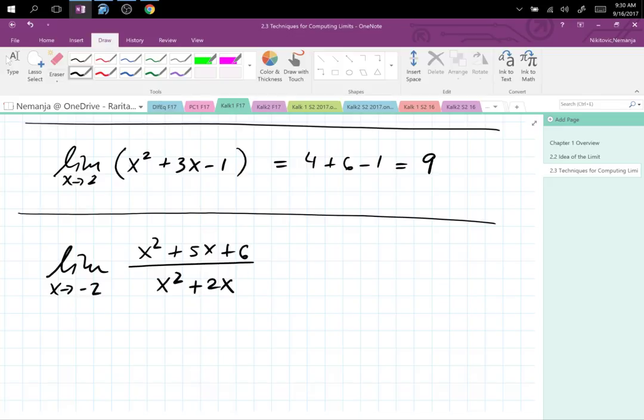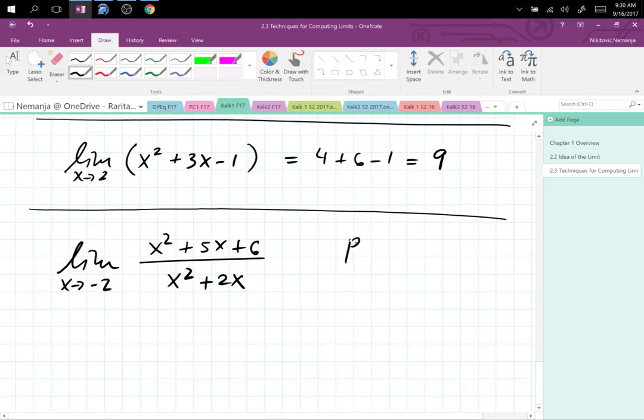If you try to plug in negative 2, we get 0 over 0. And that is useless now, because 0 over 0 is not a finite value. Now you might want to say that the answer is undefined and move on, which also would be wrong.